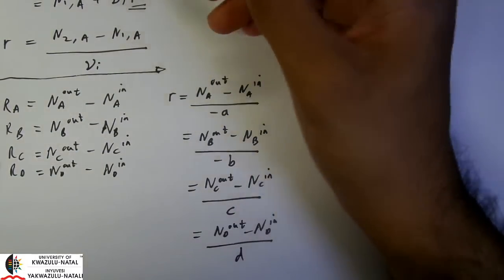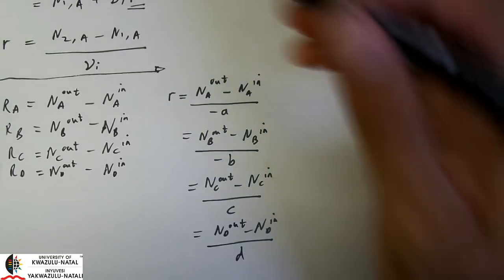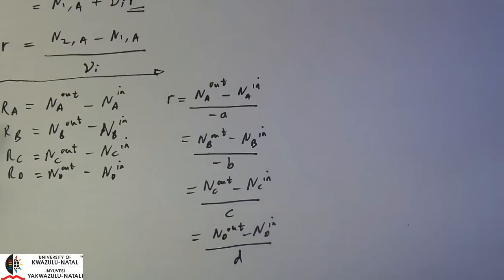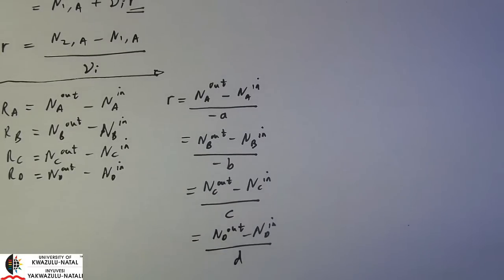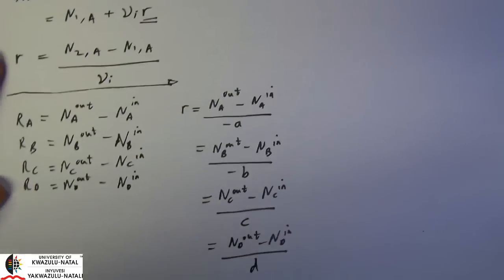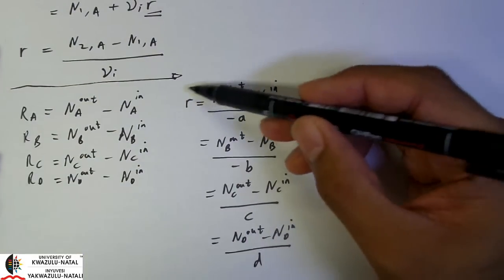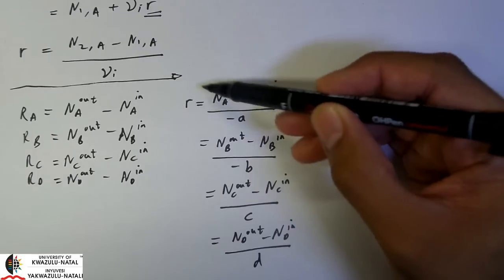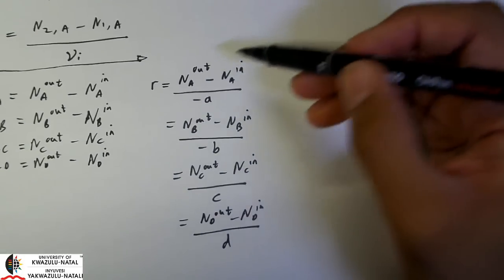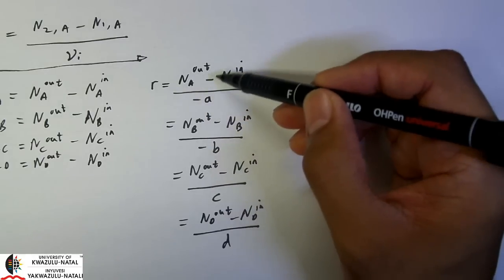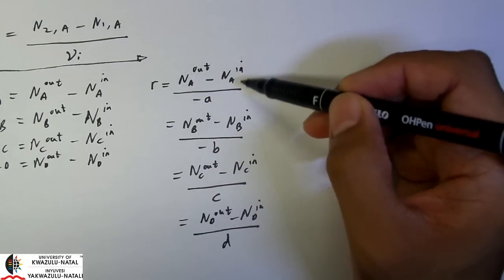As you can see, there are many different options towards solving a material balance around a reactor, depending on whether we are given a production or consumption rate, an overall reaction rate, or the actual output and input flow rates.